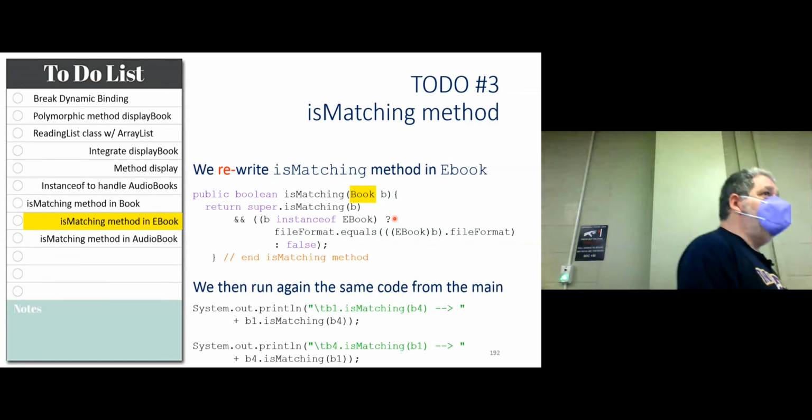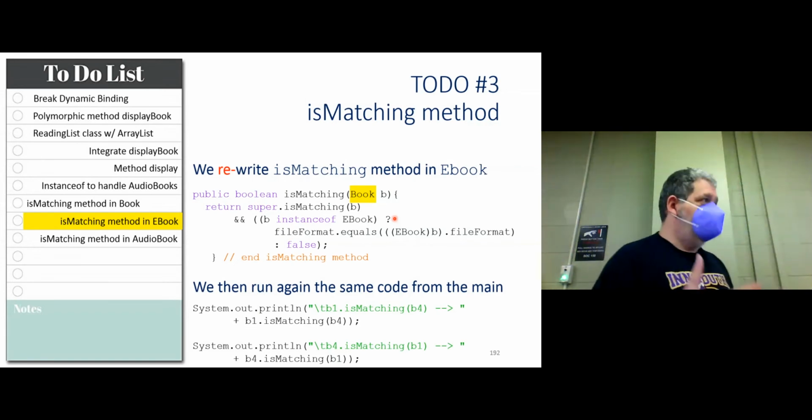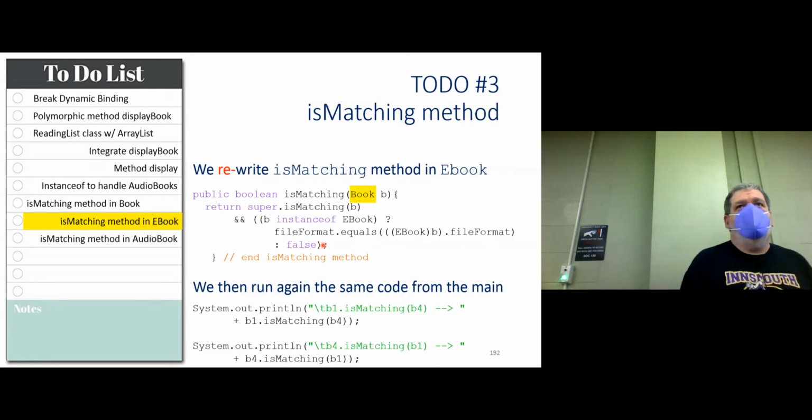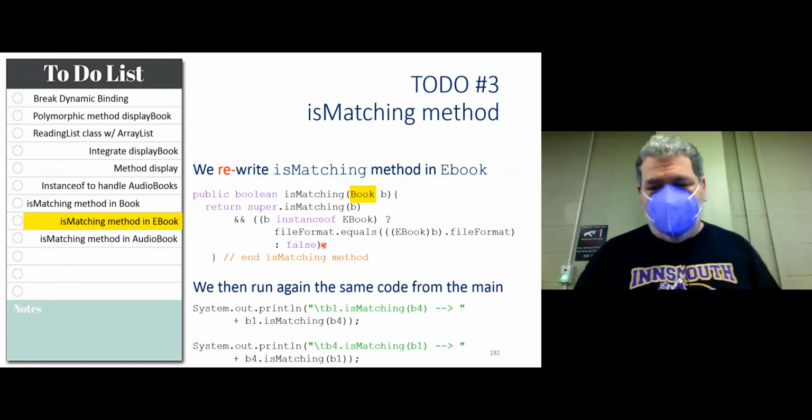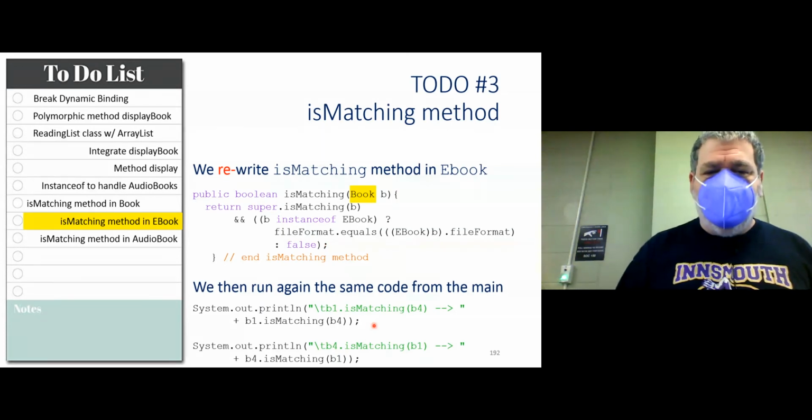Make sure that I have in front of me an EBook to downcast into an EBook. And I already explained the else. The else is, well, if it's not an EBook, then we don't have the same file format, right? So this is going to return actually different results when we test it.